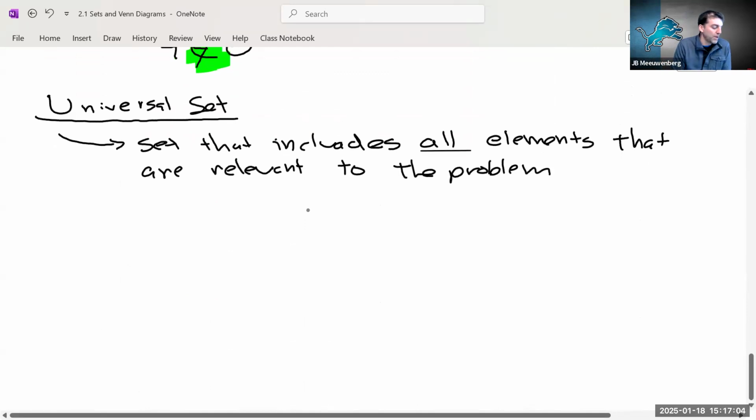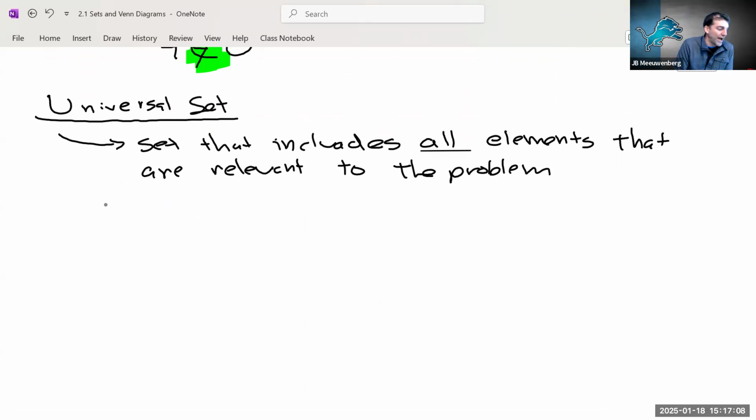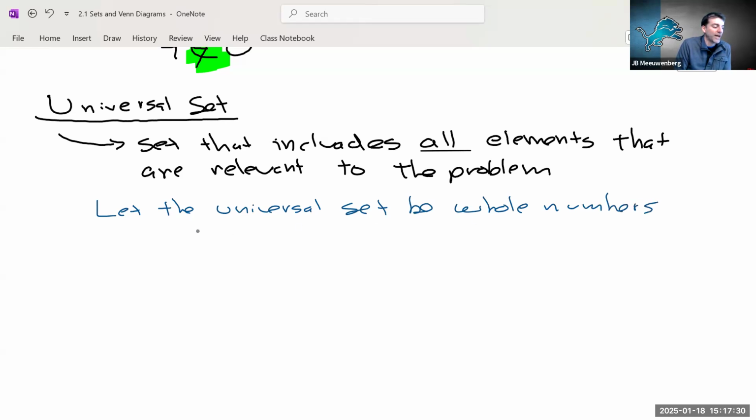So last thing then, let's consider, let the universal set be whole numbers less than 20.